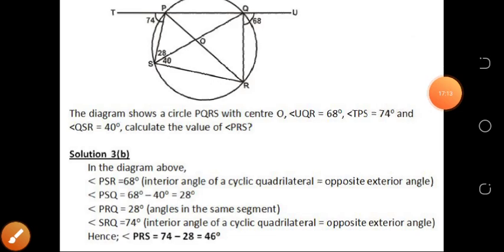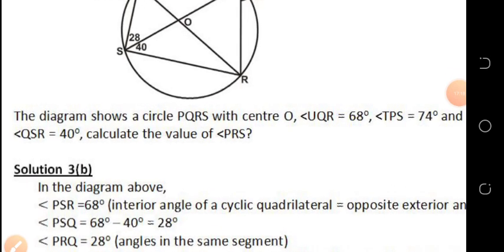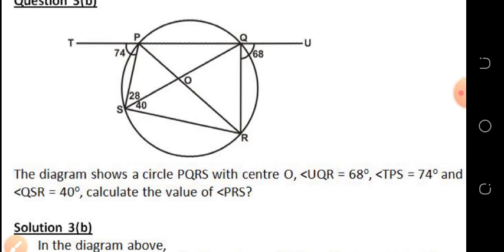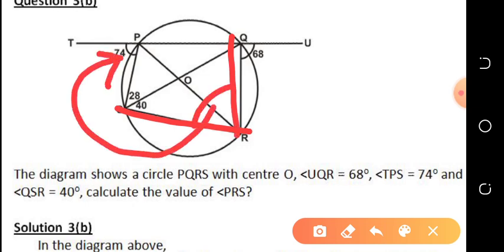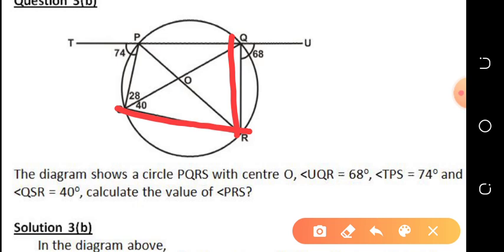It is very simple. In case you are not very clear, you can replay the audio again until the understanding sticks. So let me just explain for the very last time. You know how to find the whole of this angle, which is equal to this other exterior angle, 74. But part of this angle, this side, is known to be 28, which is equal to this other angle here.